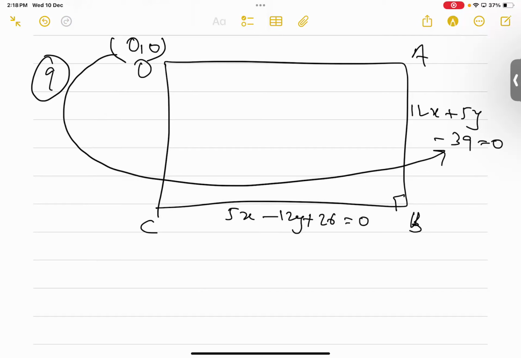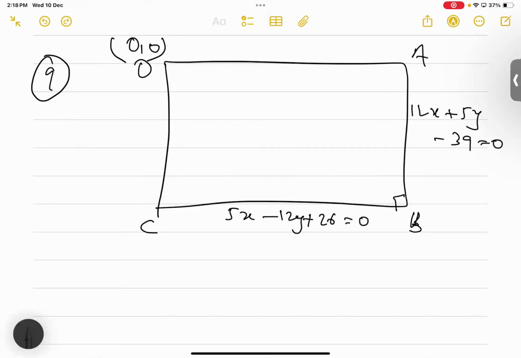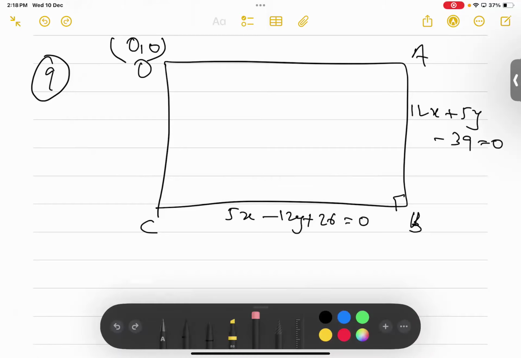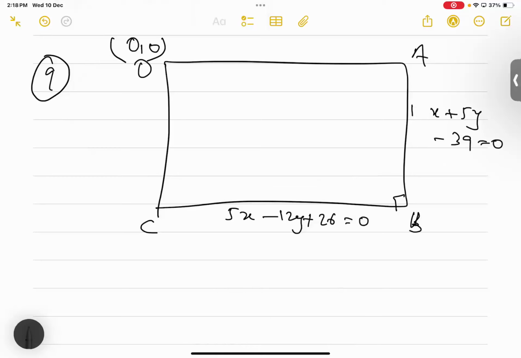Because it won't satisfy the equation of the line. Since parallel slope is same, the other will be negative reciprocal. We are supposed to find out the area of the rectangle.